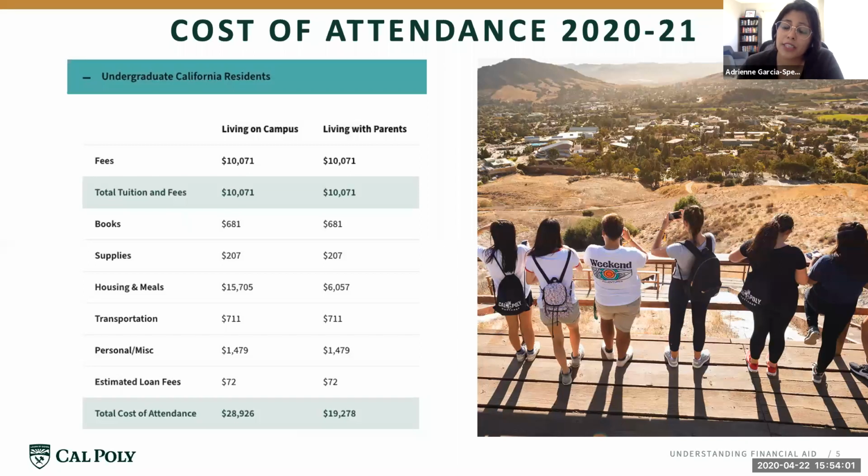So what you see as a current cost of attendance is what you can estimate spending. It also doesn't change from year to year in terms of anything outside of maybe that state tuition fee, because of course that's dynamic and based on our state budget. But you can be assured that you will be in the ballpark of what you're paying this year for the next couple of years, 2 to 3 years.